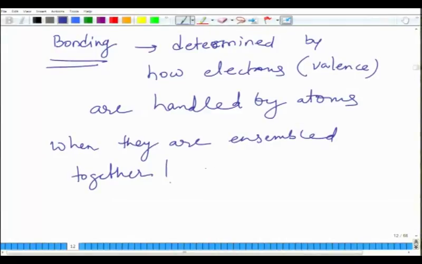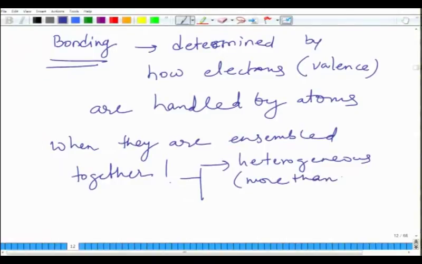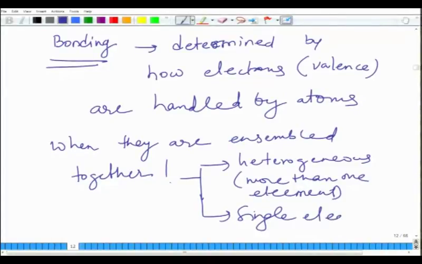Okay. So, you have two cases: you can have heterogeneous mixtures, more than one element, and you can have a single element.